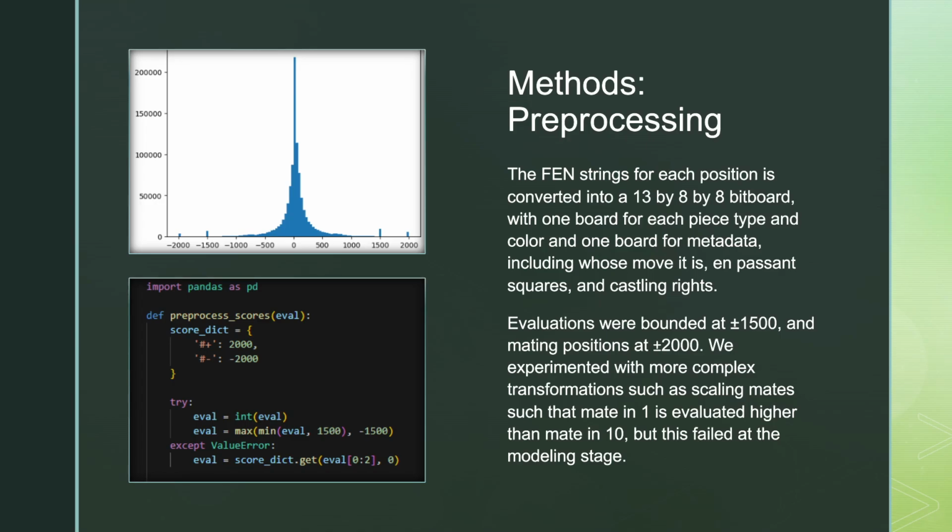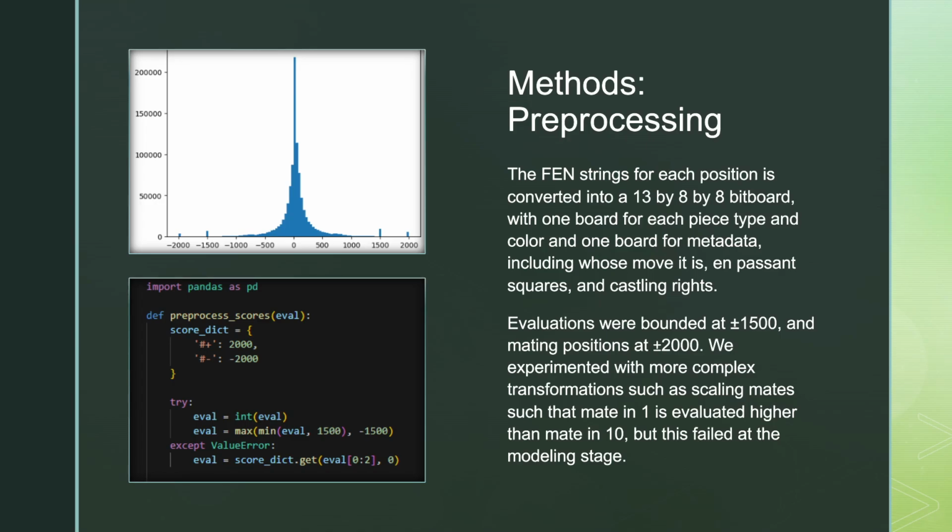As far as the evaluations go, though, this was a little bit of a point of contention that we met in this project. What we ended up having in our best model was capping the evaluations for non-mating positions at 1500. So if you're familiar with chess.com's rating system, this would be plus minus 15.